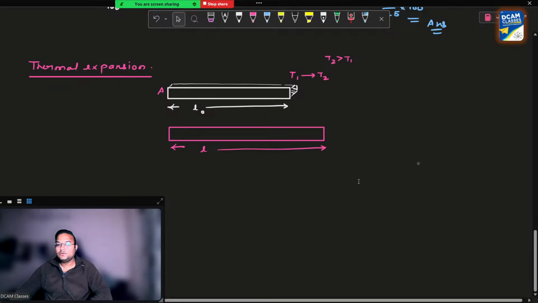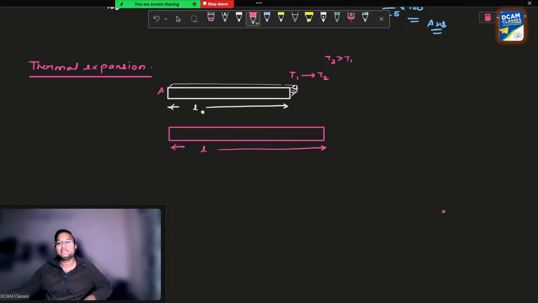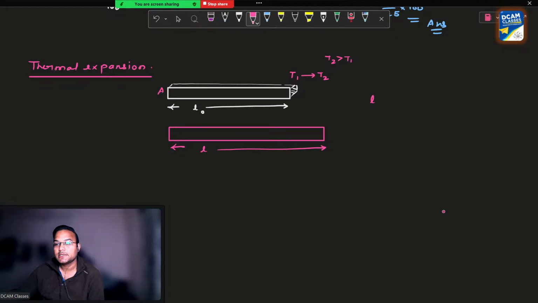So according to this theory of thermal expansion, linear expansion, the increase in length L because of rise of temperature is given as L equals L naught into 1 plus alpha delta T, where delta T is T2 minus T1.